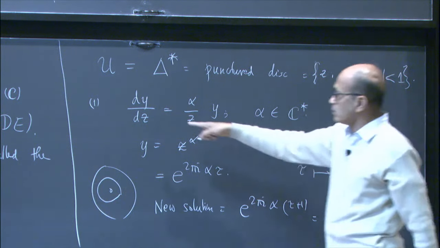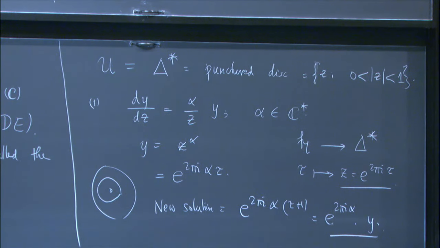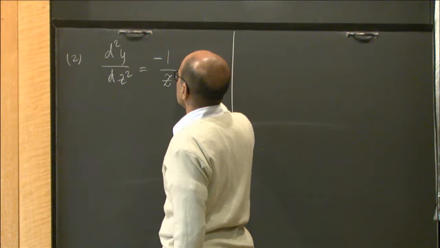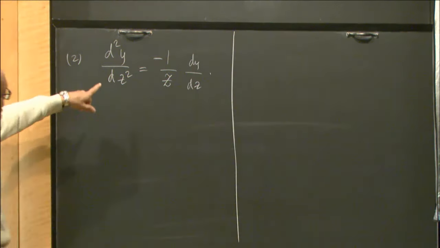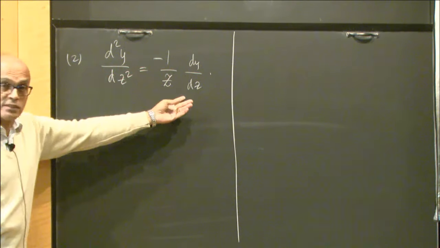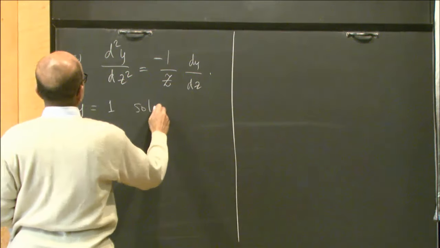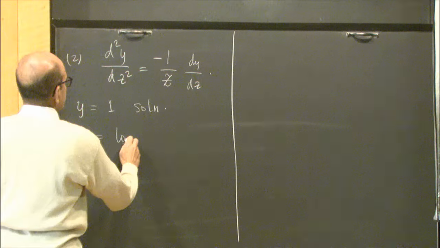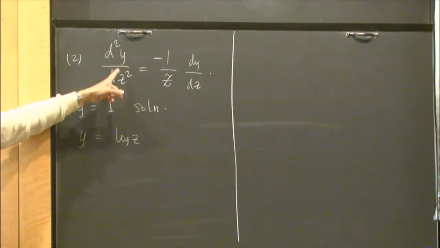So while we are about it, let me just take up one more example. Here it's clear that if I take y to be constants, nothing happens. y equal to 1 is a solution. y equals log z is also a solution, because if I differentiate log twice, I get minus 1 by z squared.